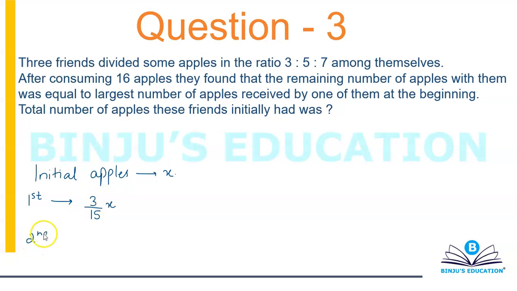The second person is going to have 5 by 15 of x, and the third person is going to have 7 by 15 of x. So how did I get this 15? I got this 15 from here, 3 is to 5 is to 7. When you add 3, 5 and 7, you're going to get 15.